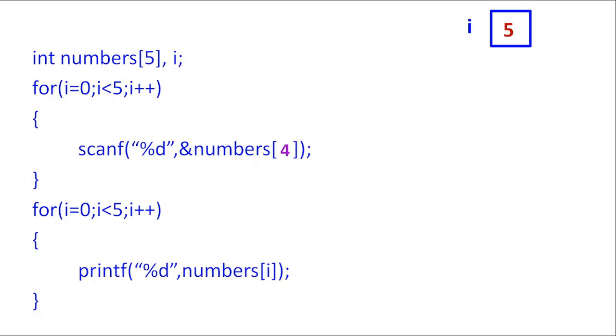When i further increments to 5, the condition of the for loop becomes false, so the loop stops. Just like this example, whenever we use arrays, we always associate them with for loops that run for n times, where n is equal to the size of the array.